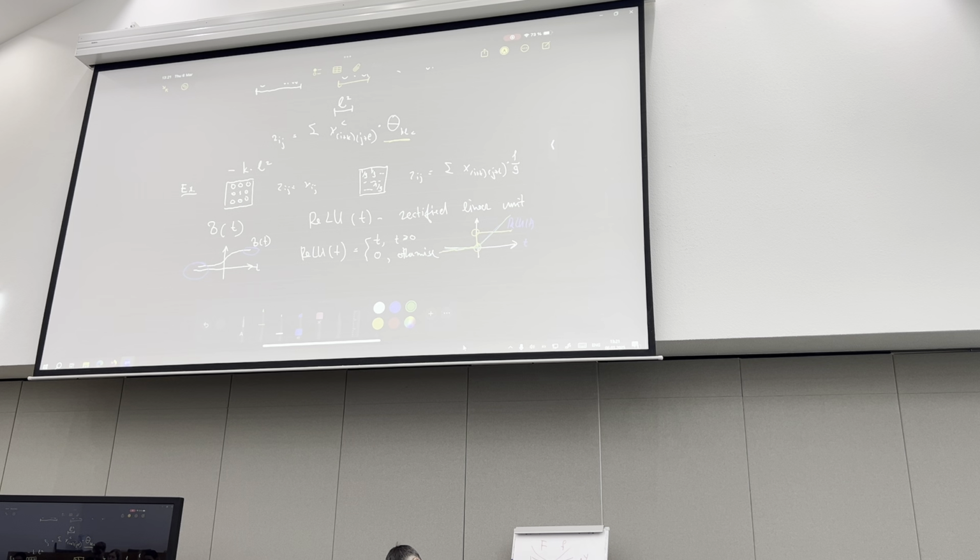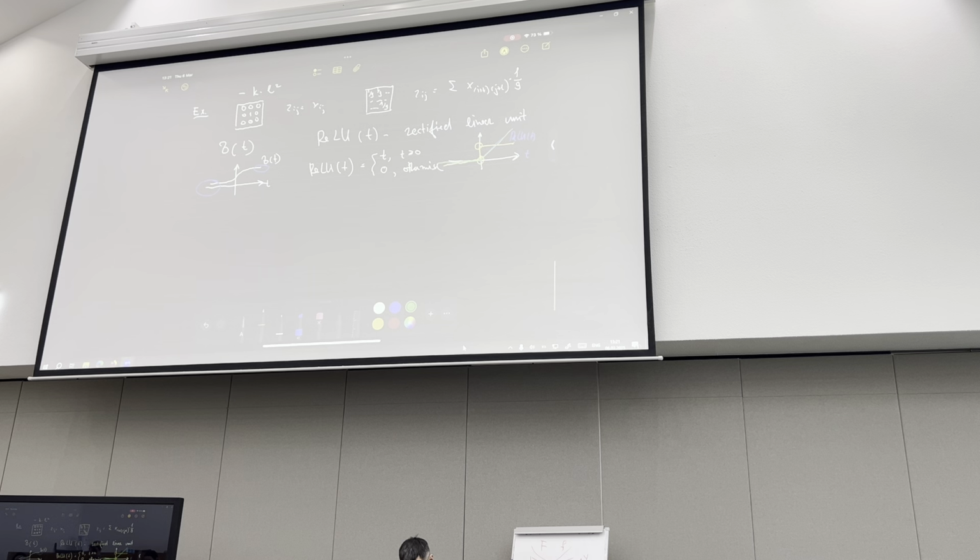If you zoom in and look at what is going on here, we have different variations of smooth ReLU that is 0 here, and then something that is close to a linear function.